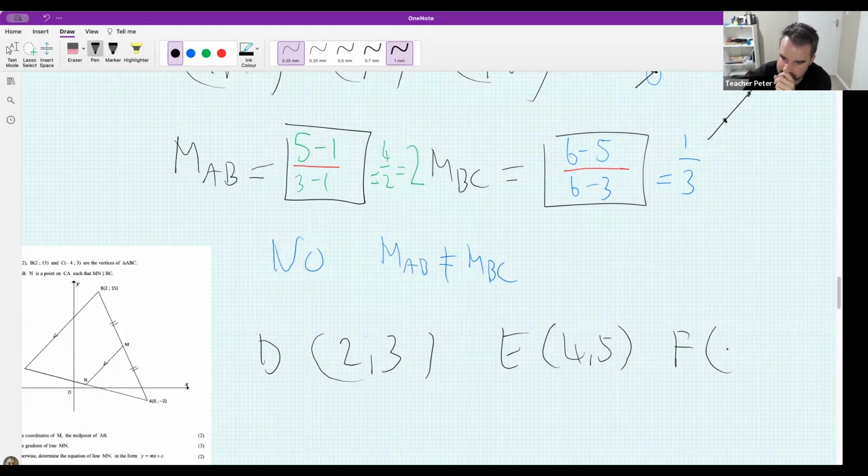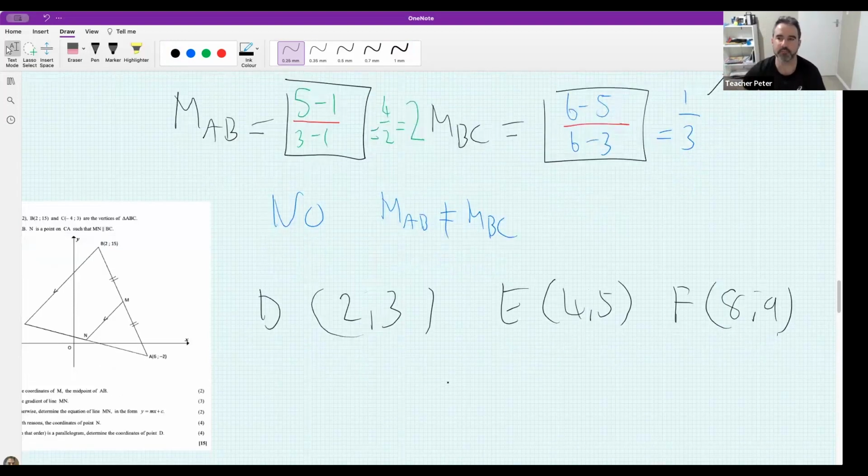And this F, I'll make this. Are these 3 points collinear? I want you to take them. Are D, E, and F collinear?